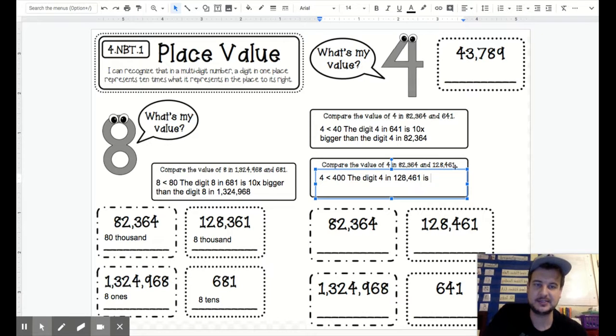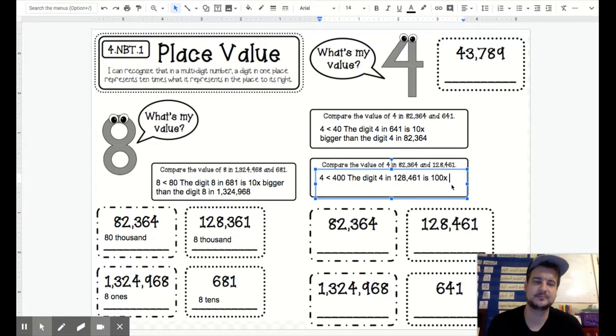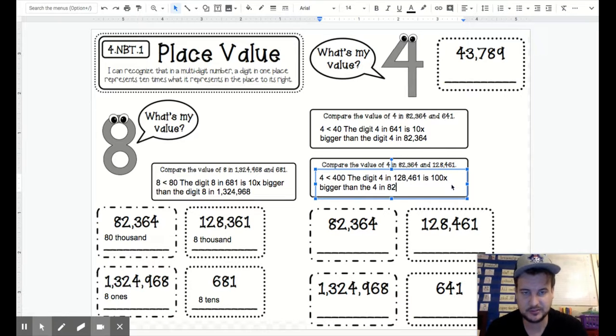We got to look at the places. From the ones place to the tens place is 10, and from the tens to the hundreds is 10 again. So 10 times 10 is 100. It's 100 times bigger than the 4 in 82,364.